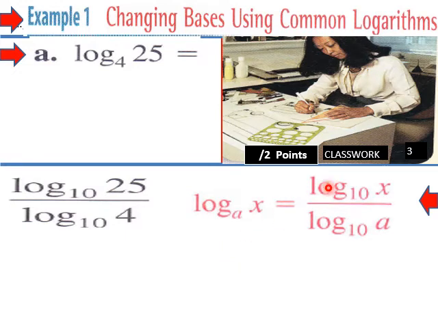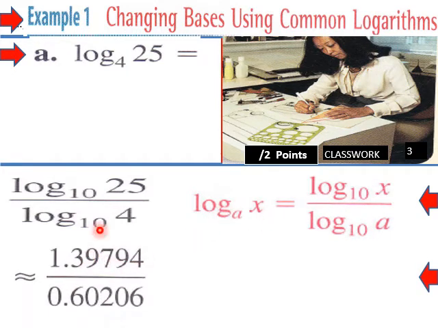So this is using this rule here, log base 10 of x over log base 10 of a. When we do that using a calculator, you'll get a quotient here of 2.32 by using the change of base formula.